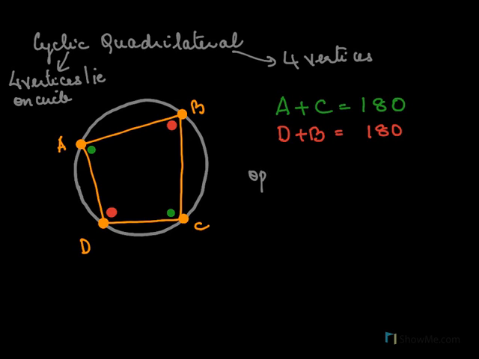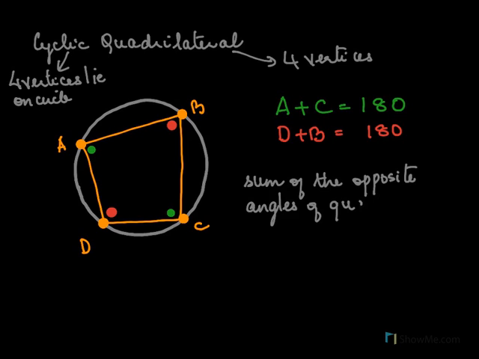The sum of the opposite angles of a quadrilateral is supplementary, is 180. So to repeat again, you have A plus C 180, and on the other side you have D plus B 180.